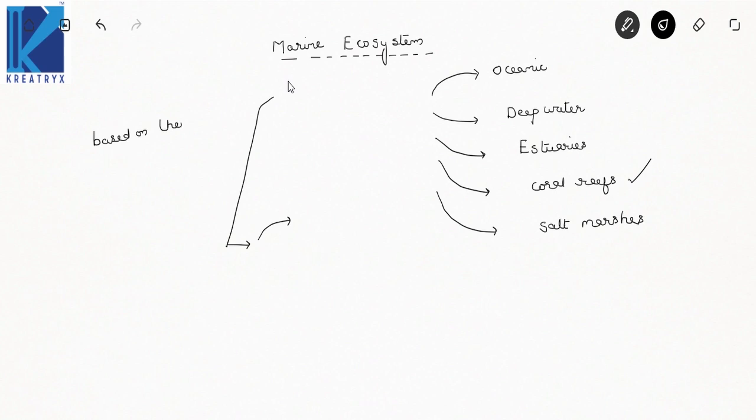What is the first one? Pelagic environment, and the next one is benthic environment.